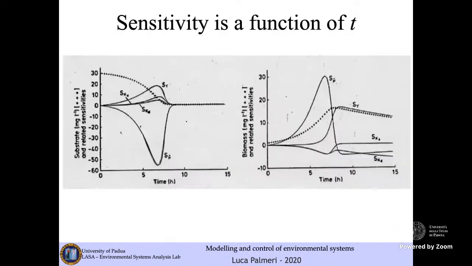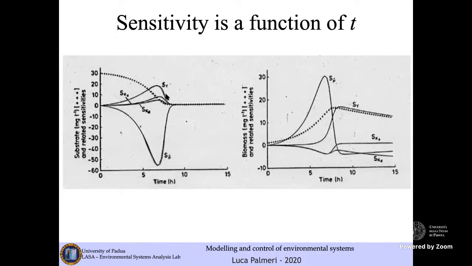I told you already that sensitivity is a function of time. So in general, you may also find it useful to study how sensitivities vary in time. In particular, here we have two plots, in which the dotted lines are substrates, while the continuous lines describe population.